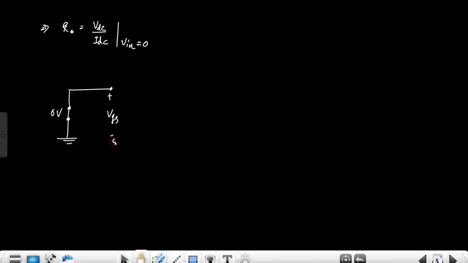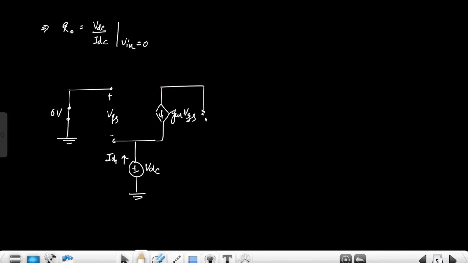This is the VGS, and now here we connect the VDC, with the current flowing IDC.